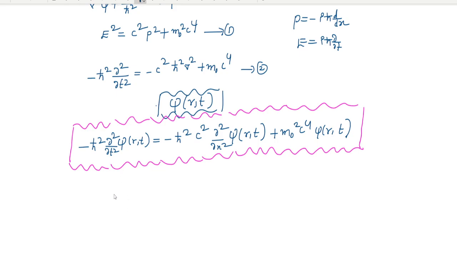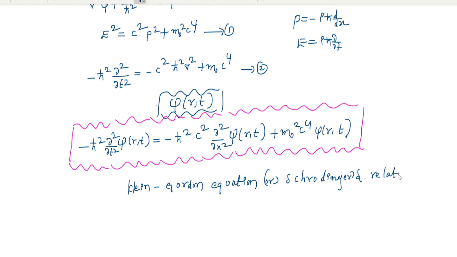This equation was derived by Klein and Gordon with the help of Schrodinger's suggestion. The Klein Gordon equation, or we can call this the Schrodinger relativistic equation. Okay.